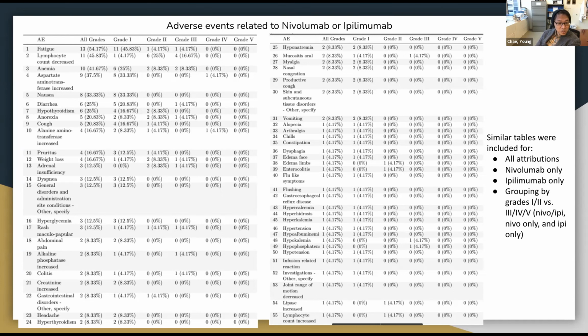So I guess you don't typically report it like this. Infusion reaction, constipation. So I think you need to categorize them.